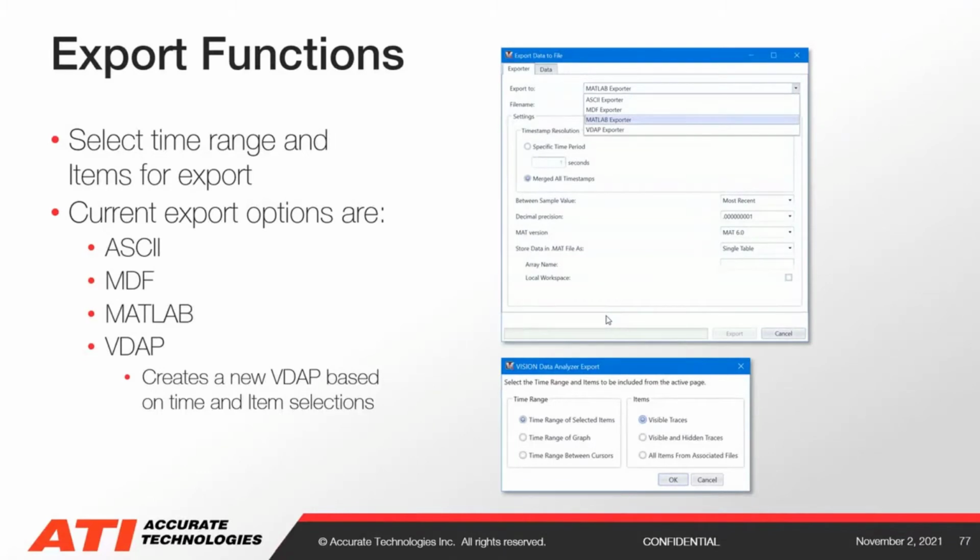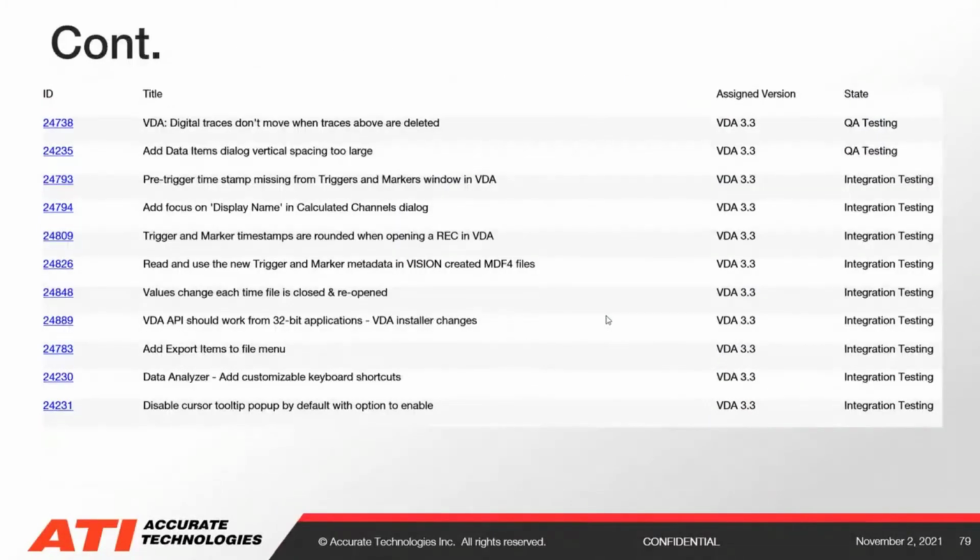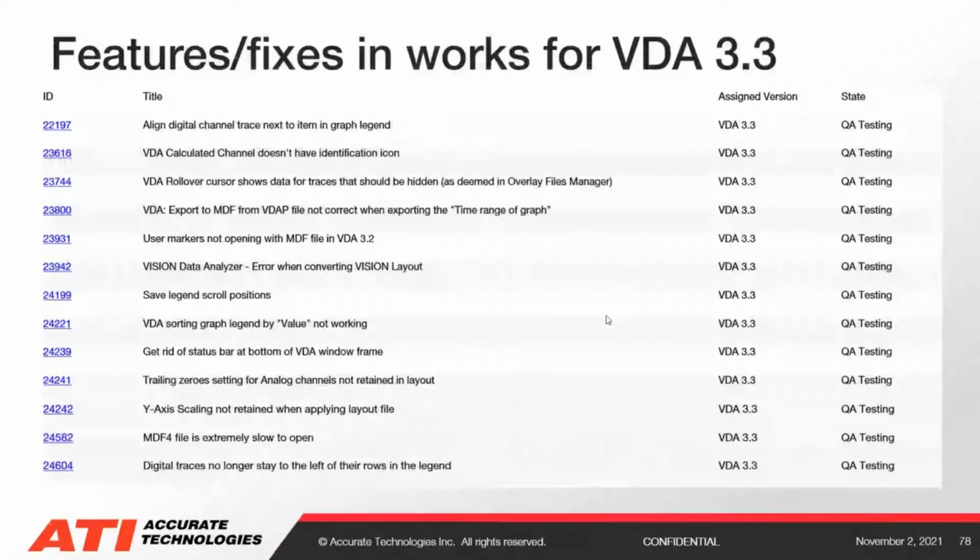Now, we've got a couple slides coming up. I'm not going to go through them all, but it's mainly just for reference for if any of you visit this presentation at a later date. Basically, what's coming for VDA 3.3. So we've got a lot. A lot of it is focused on speed of opening files, speed of scrolling, things like that.